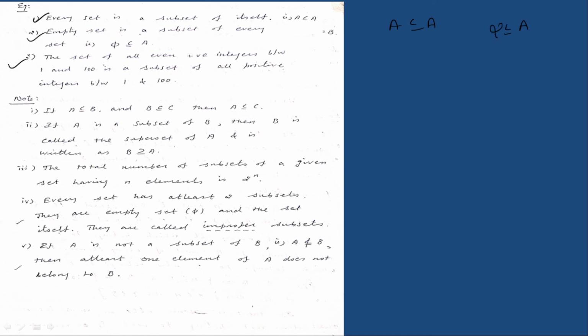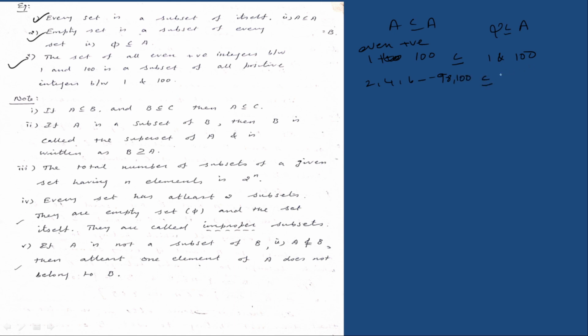The third one, the set of all even positive integers between 1 and 100 is a subset of the set of integers between 1 and 100. Even means you take only 2, 4, 6, 8, up to 100, the last ones being 98 and 100.